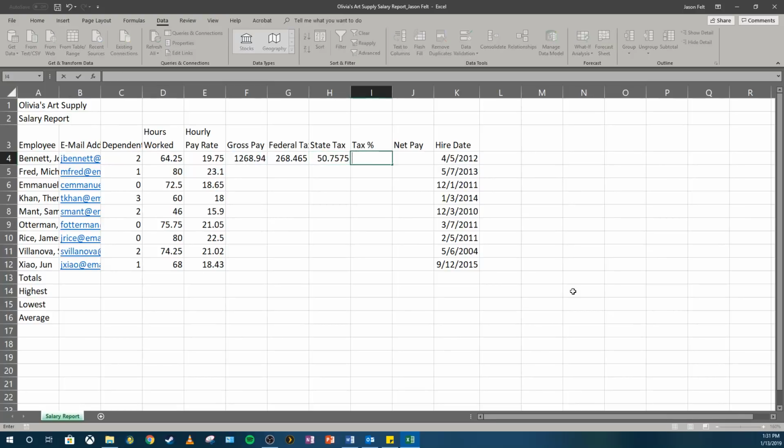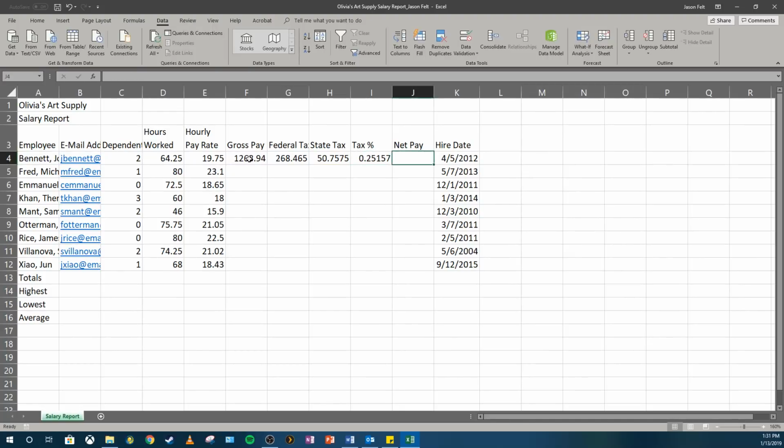Tax percentage will go equals parentheses, federal tax, plus, that's a shift and then it's right next to the backspace there, or you can look at your numpad on the side, state tax, parentheses, divided by gross pay. Enter. So our tax percentage is 25%.